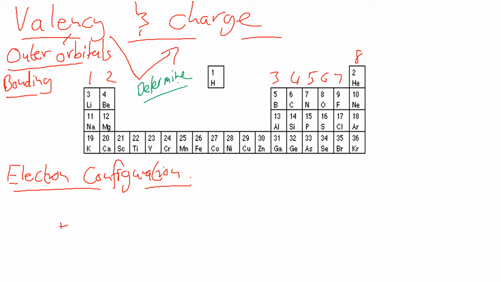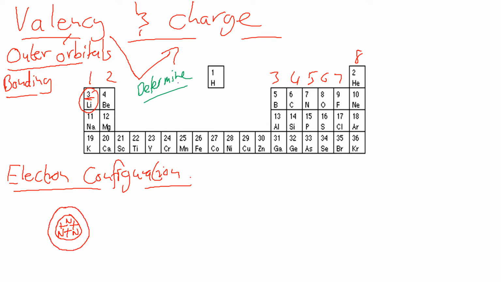So let's take lithium as an example here. We see the atomic number, or the number of protons in lithium, is 3. So we know there are 3 positive protons in the nucleus, as well as the neutrons. And then we have 3 electrons as well, don't we? Because in the periodic table elements are represented as neutral.